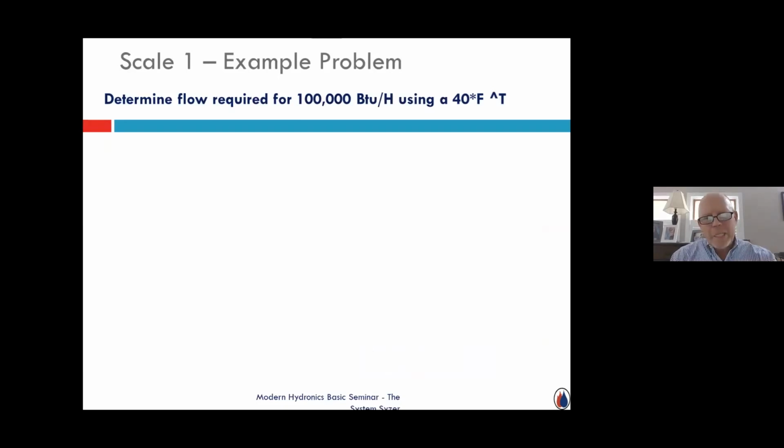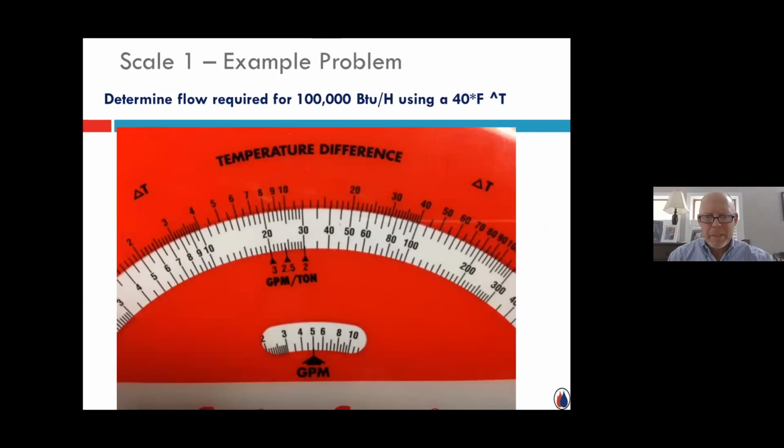So what if I had the same example and I was designing around a bigger delta T, say 40 degrees instead of 20? Same exact exercise: line up the 100 opposite the new delta T, which in this case is 40. Read in the small window, 5 GPM.